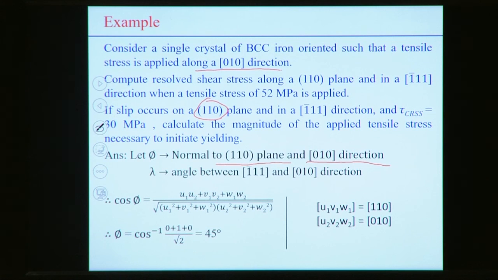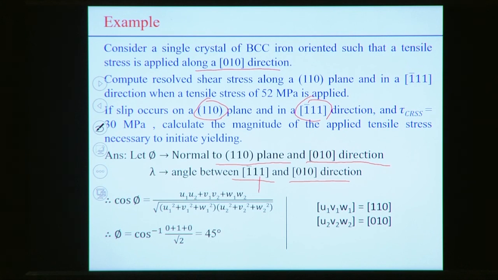So phi is considered between these two, and then lambda is between the 1, 1, 1 (or minus 1, 1, 1) direction and the 0, 1, 0 direction, because this is the slip direction. So the first one is the slip direction and the second one is the direction in which the force is acting. So we can easily find out.